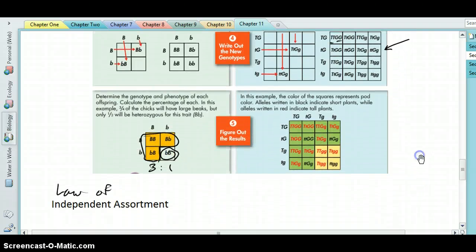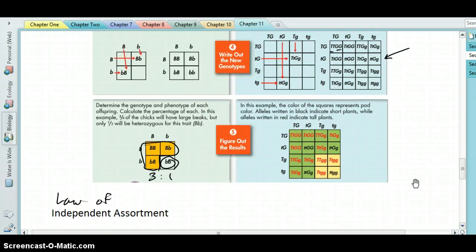Now here, with the dihybrid cross, of course, things are a little more complicated because we have two traits and we have a larger Punnett square. But notice again, if capital T and capital G are both the dominant forms, you'll notice these individuals here and here all have the same genotype. They are dominant for both traits.